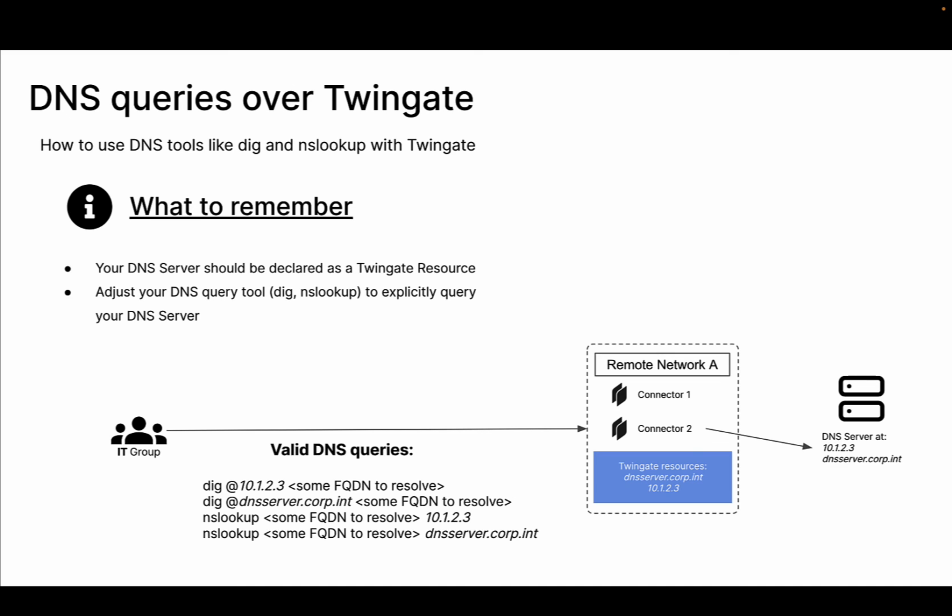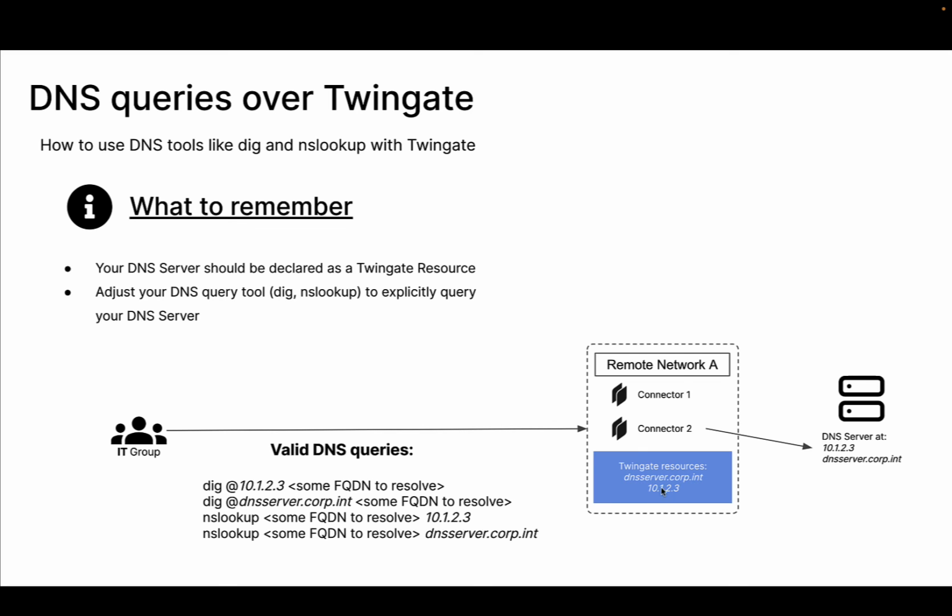And finally, last reminder, we started this session demonstrating this, but because of the way DNS is handled by Twingate, should you want to use dig, NS lookup, or any DNS troubleshooting command from a client, remember to declare your DNS server as a resource.